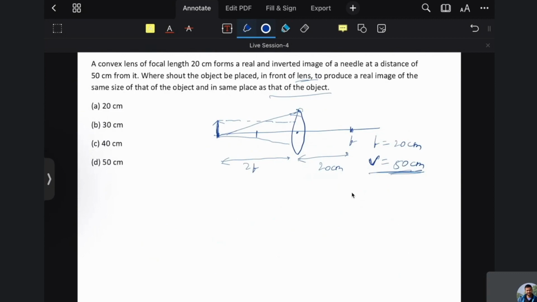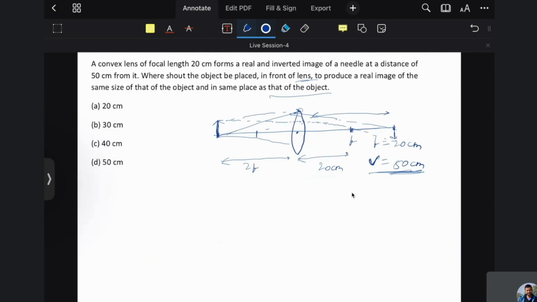This will go like this, and here also we have this distance 2f. So one light ray will go like this, and another light ray will go like this, and this will pass through here, and you will get an image here which will be inverted and real.